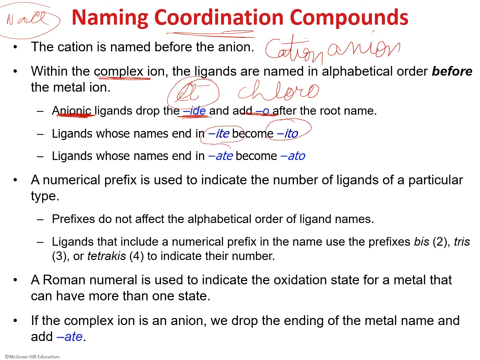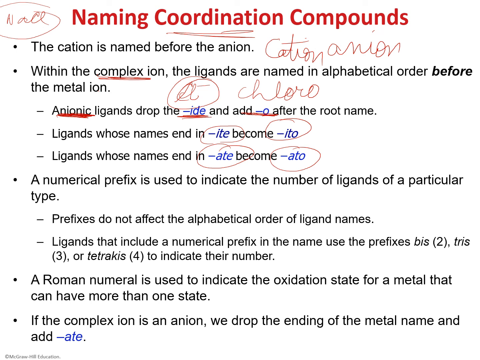Ligands whose names end in ATE become ATO. So everything has to end with an O. ITE, ITO. ATE, ATO. Like nitrite will become nitrito. Carbonate will become carbonato. Oxalate, which is ATE, will become oxalato. That is about naming the ligand.